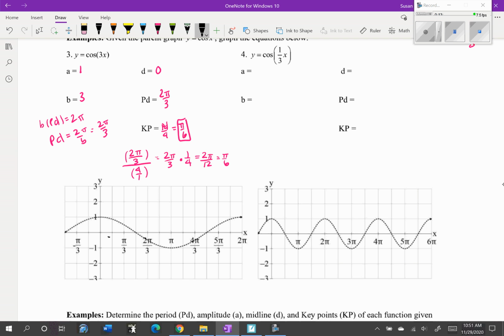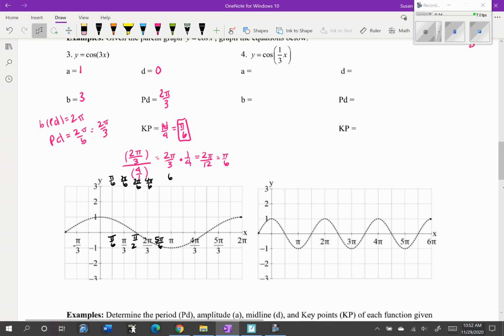So this is 1 pi over 6. And then you get 2 pi over 6, which is pi over 3. 3 pi over 6 is pi over 2. We're going to keep going. So then 4 pi over 6 is 2 pi over 3. Then we have 5 pi over 6.